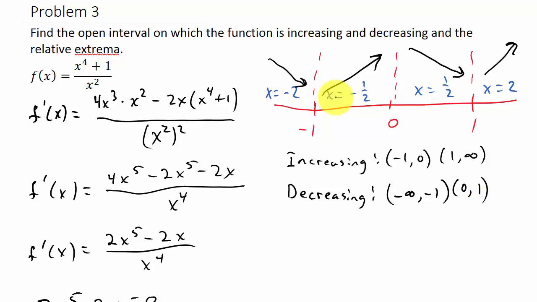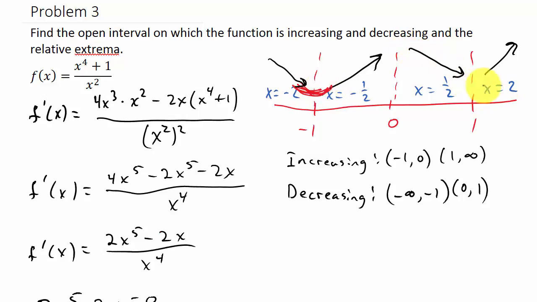Alright, so now we look for relative maxes and mins. You can see how here it's decreasing until it gets to x equal negative 1, and then it starts increasing. So this tells us we have a relative minimum here.